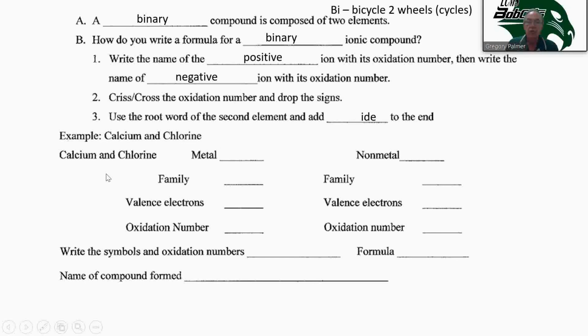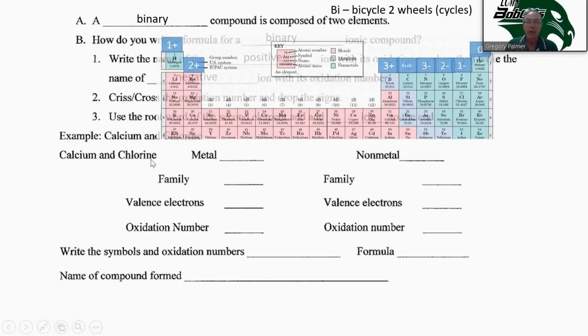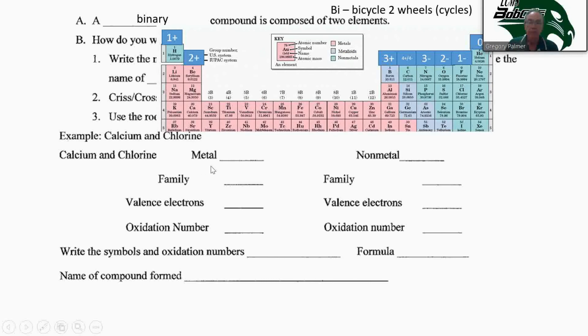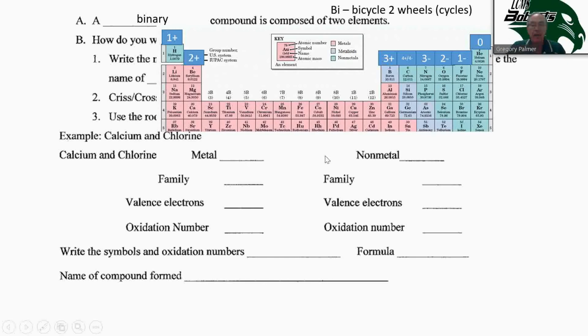Okay, so just like we did before, we're going to look at a metal, which is calcium, bonding to a nonmetal, which is chlorine. We're going to get out the periodic table, with the oxidation numbers up here for easy reference. We need to find our first element, calcium. Well, here it is in family 2.